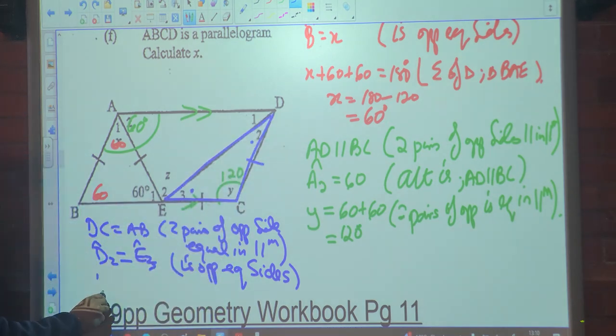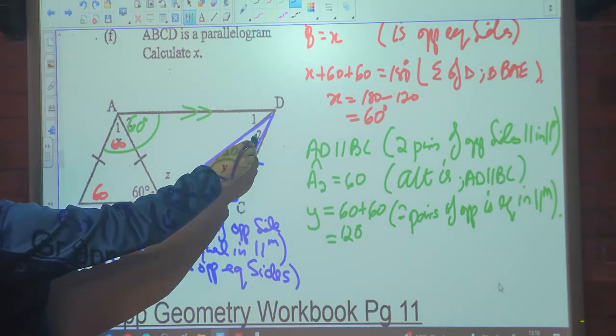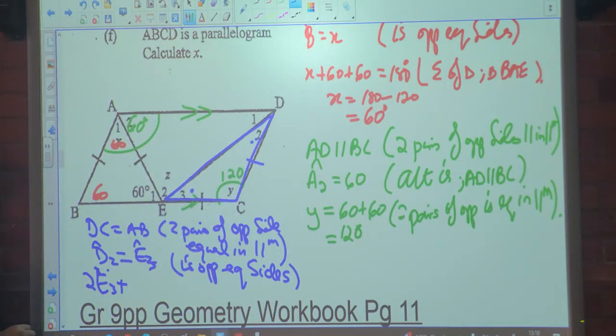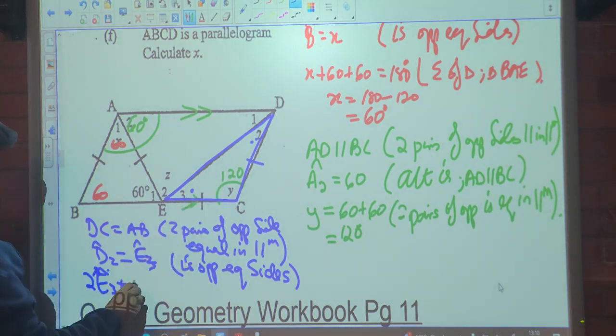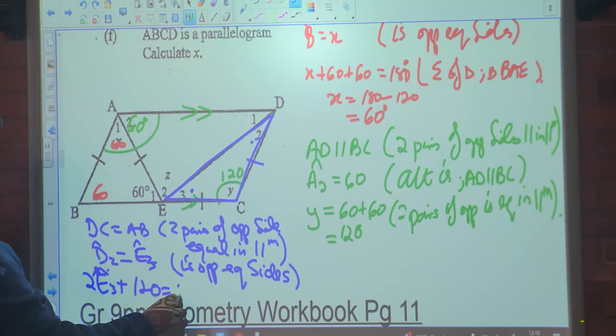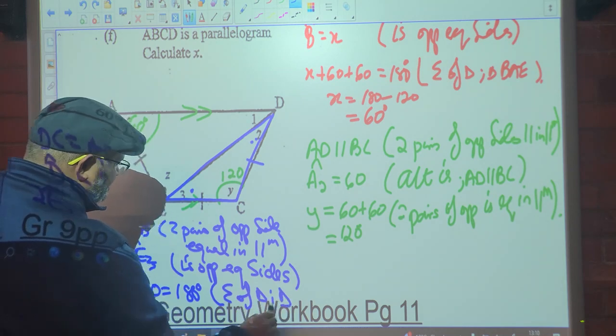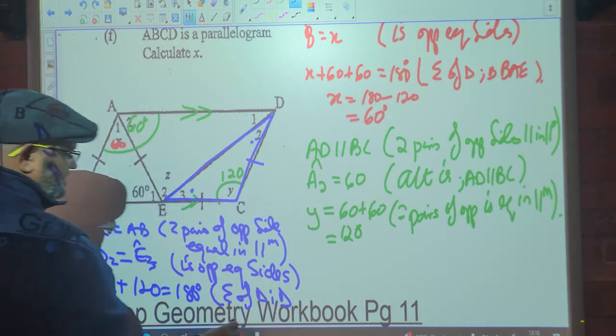So E3 plus angle D2, which is the same as E3, so it's twice E3, plus 120 is equal to 180. Why? Sum of angles in a triangle, and this triangle, DEC.